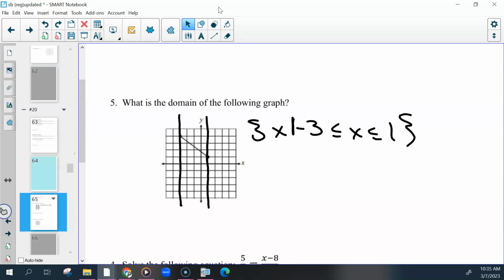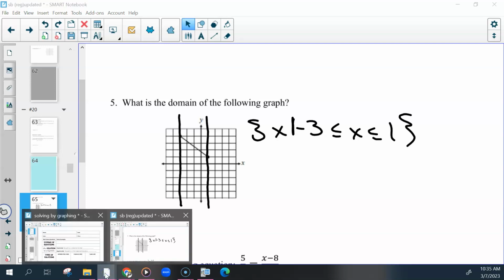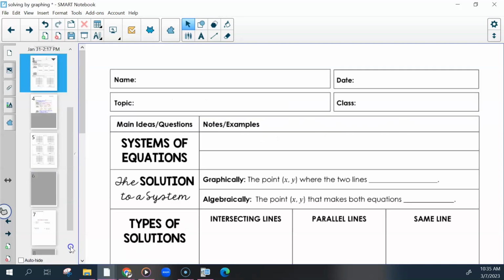Okay. So we're going to start these notes before lunch and then we'll finish them after. Pass up your answer sheets, your Shark Bite answer sheets. While you're doing that, I'm going to briefly talk about what this unit is.